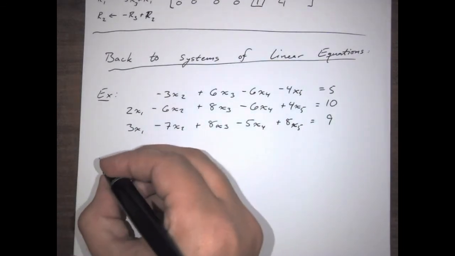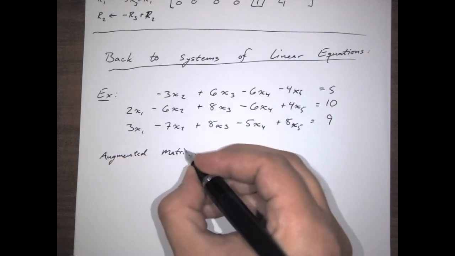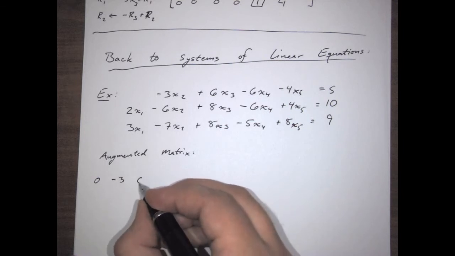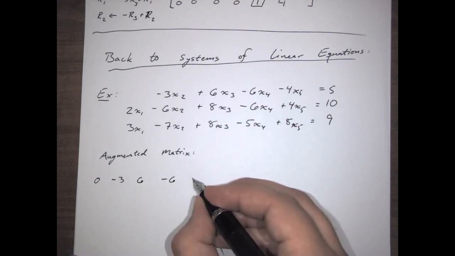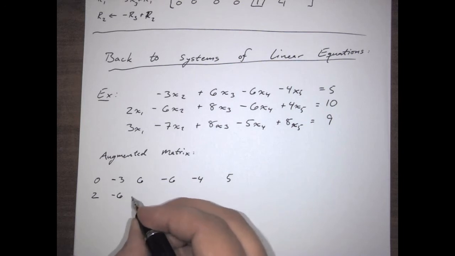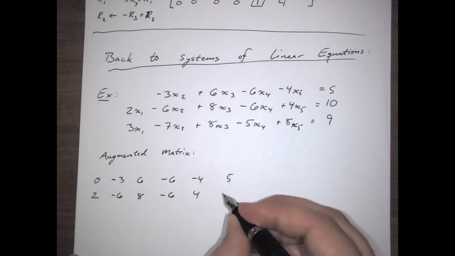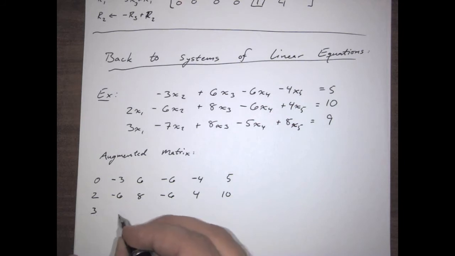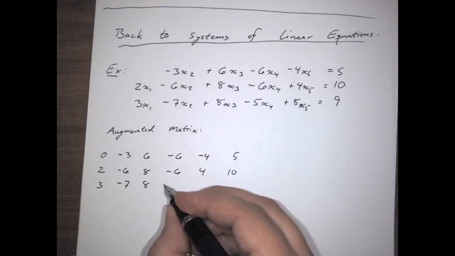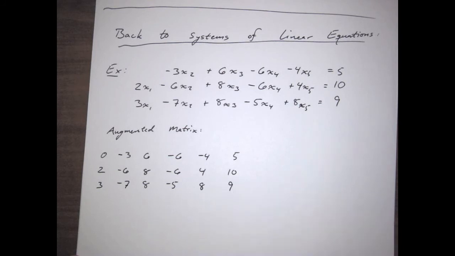So this has the augmented matrix 0, negative 3, 6, negative 6, negative 4, 5, 2, negative 6, positive 8, negative 6, 4, 10, 3, -7, 8, -5, 8, and 9.